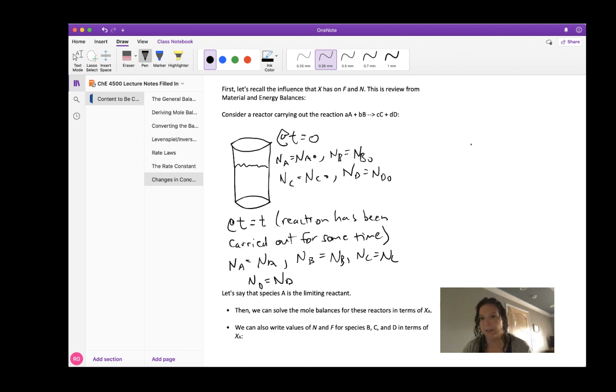Similarly for a flow reactor, I can draw a flow reactor, with arrows to denote there's flow. And I would say coming into my reactor, I have FA0, I have FB0, I have FC0.